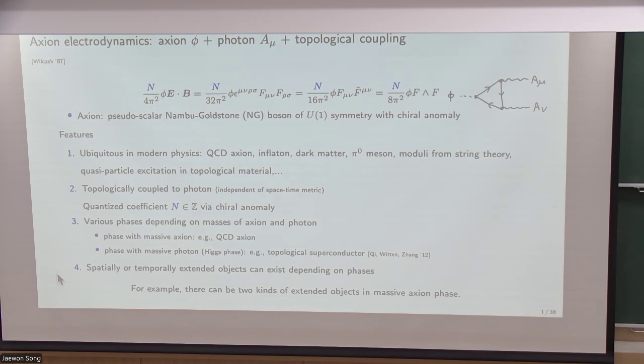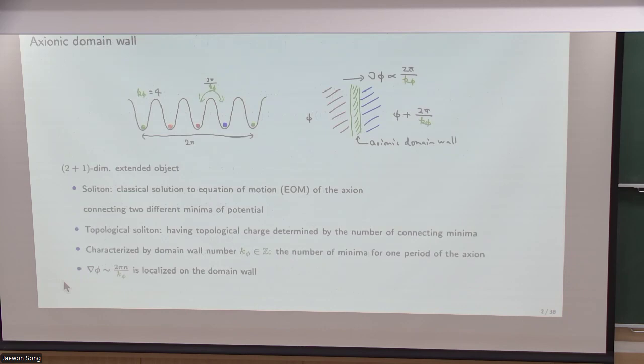So let us see the extended objects. One of the objects is the so-called axionic domain wall. This is a 2+1 dimensional extended object. The axionic domain wall is a soliton, which is a classical solution to the equation of motion of the axion, which connects two different minima of the axionic potential.